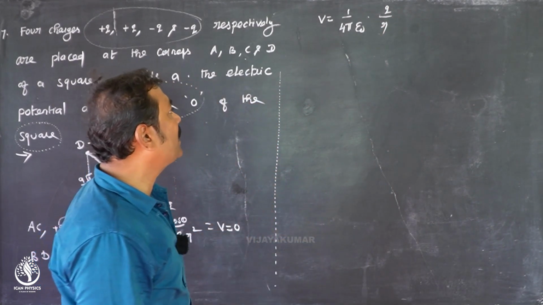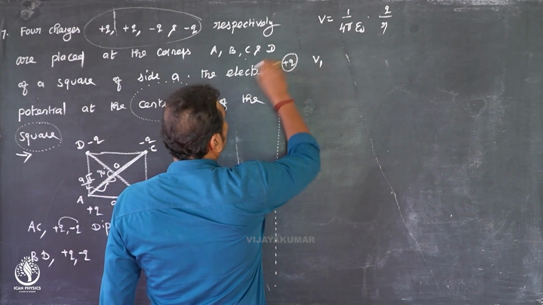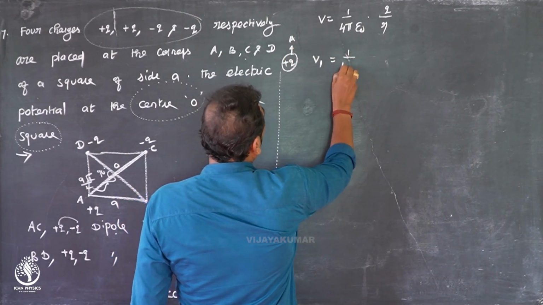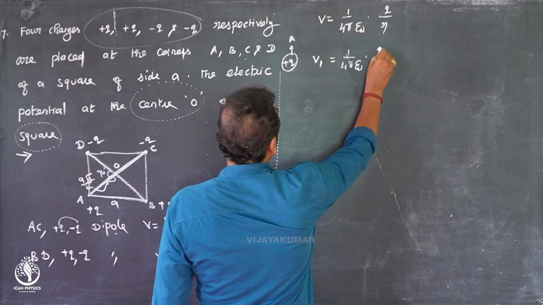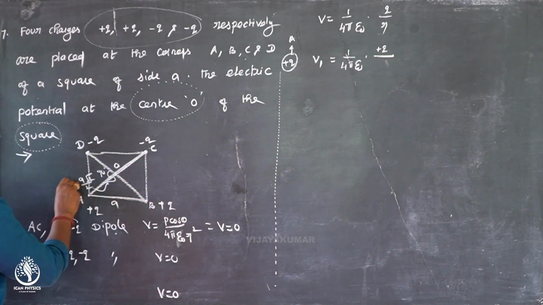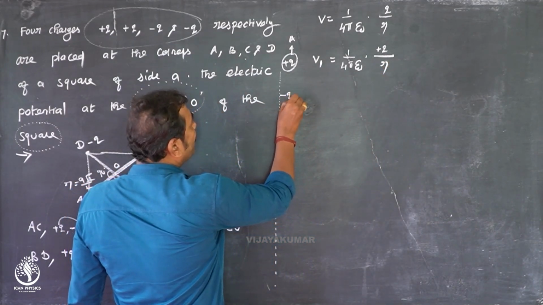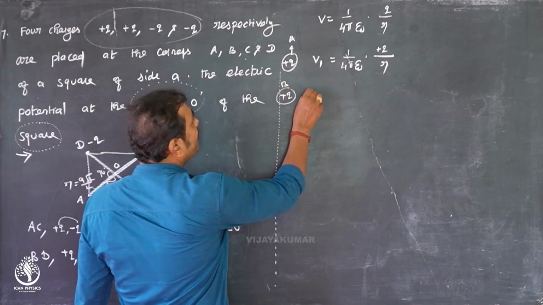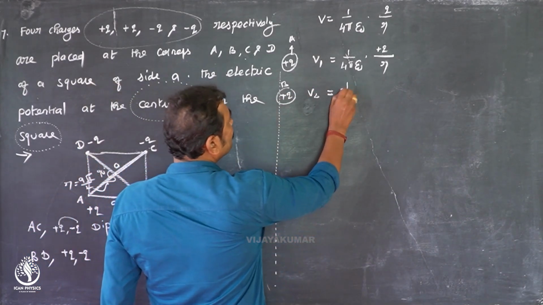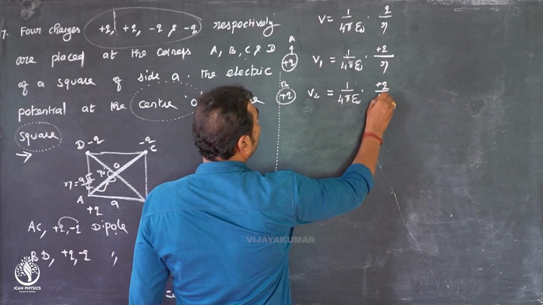So due to the positive charge placed at A, V1 equals 1 by 4 pi epsilon 0 times +Q by a root 2 by 2, which can be taken as r. The +Q placed at B produces the potential V2, that is 1 by 4 pi epsilon 0 times +Q by r.